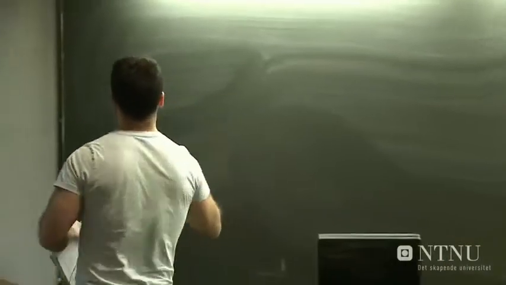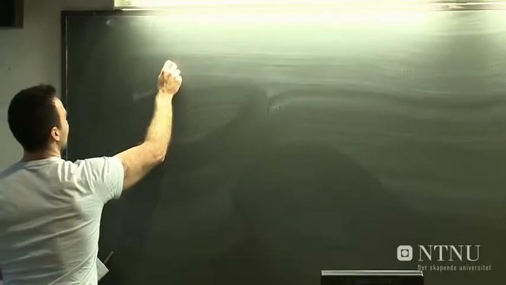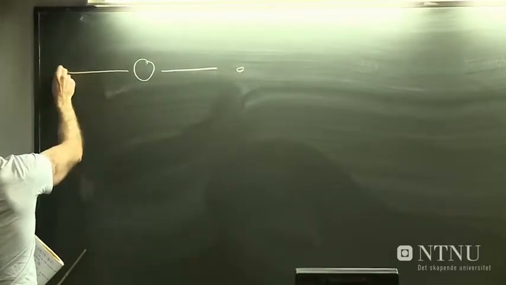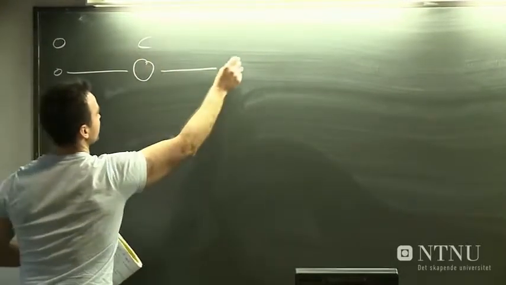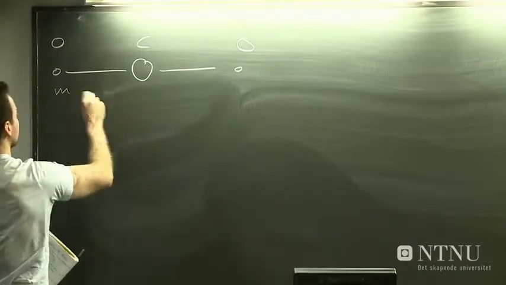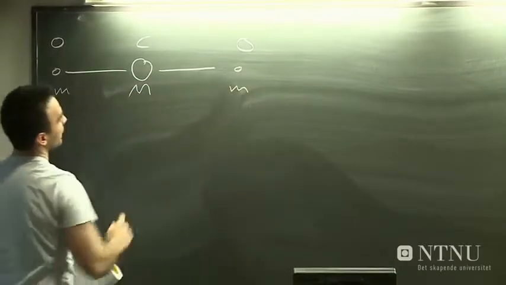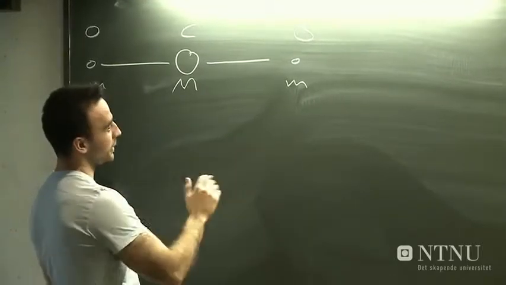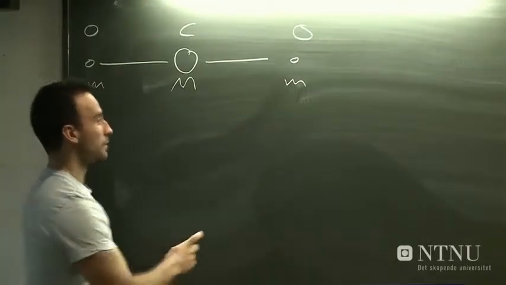And we considered in particular an example which looked like this, the CO2 molecule, which is a linear molecule.